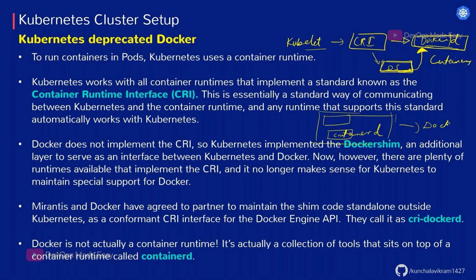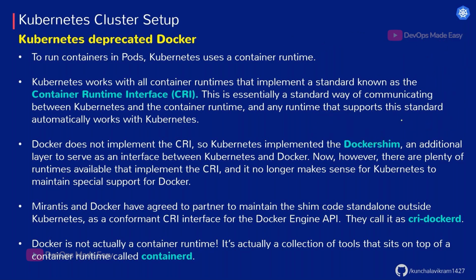But Kubernetes needs only containerd, because that's the container runtime, and containerd implements the Container Runtime Interface. So instead of talking to Docker, we can let the CRI talk to containerd directly. This eliminates the need for maintaining Docker shim.